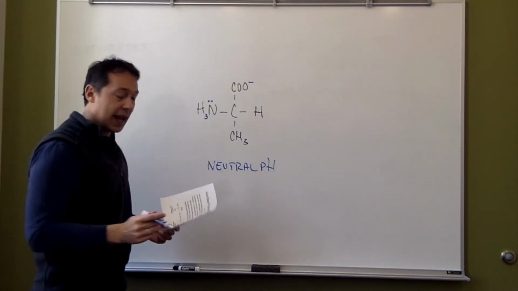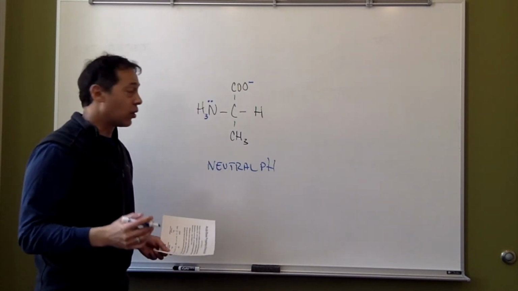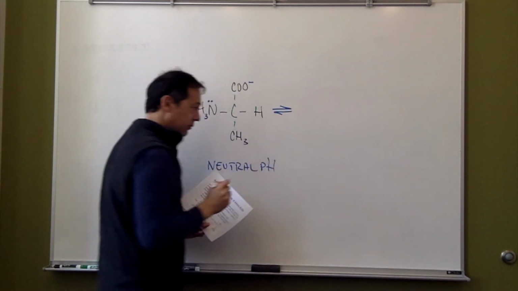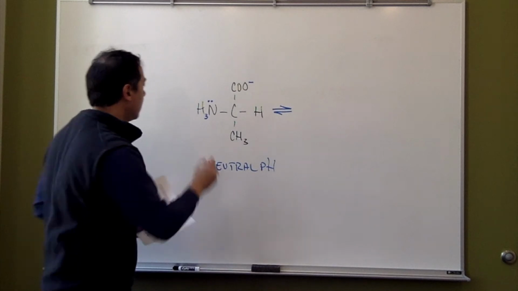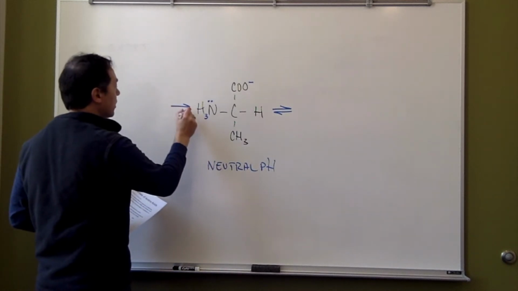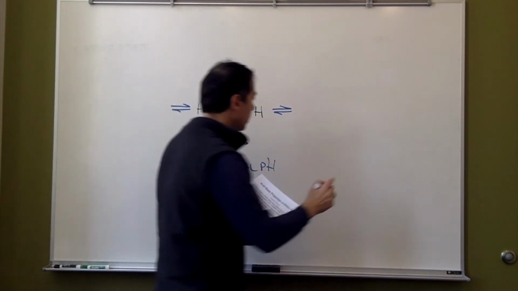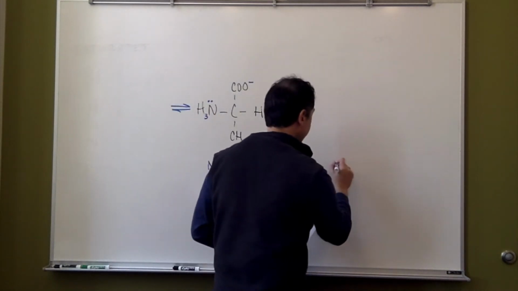Then the question is, what happens if we change the pH, if we make the pH higher or lower? Now, these types of reactions can go both ways, and that is to say that they reach some sort of an equilibrium. And so we make double-sided arrows like this to show that they could go in both directions. We're going to take a look first at what happens at a high pH, so a very basic solution.